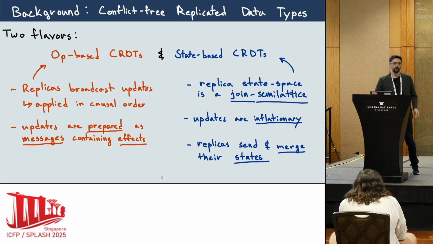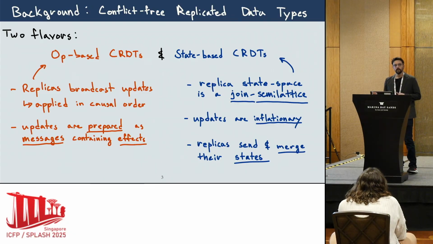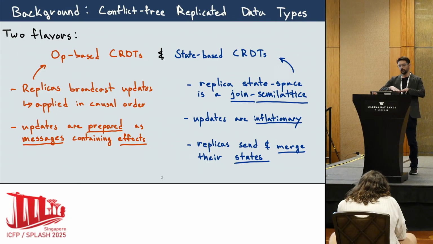Okay, so a nice way of doing replication is with these conflict-free replicated data types, and there are largely two flavors. There are the op-based CRDTs, which enforce consistency among the nodes, meaning they all have the same results to queries. They enforce consistency by ordering the updates between them.